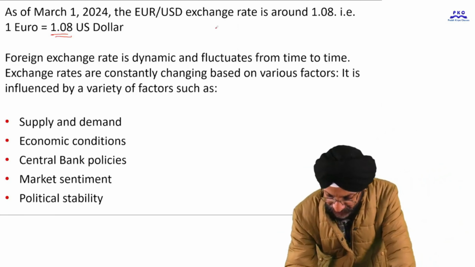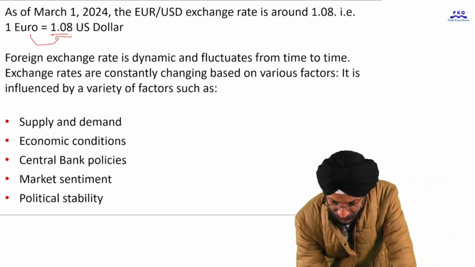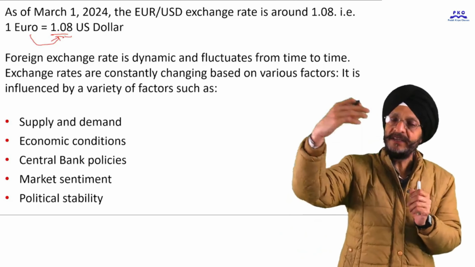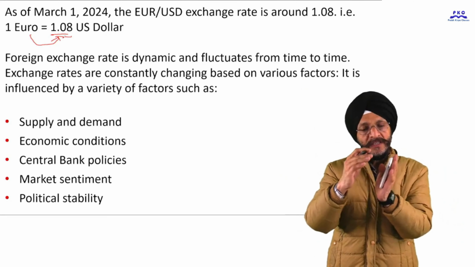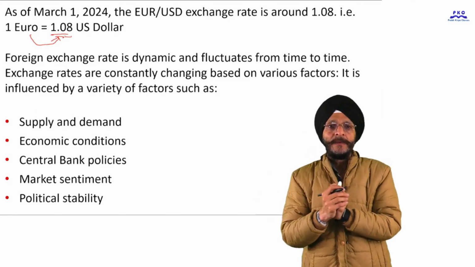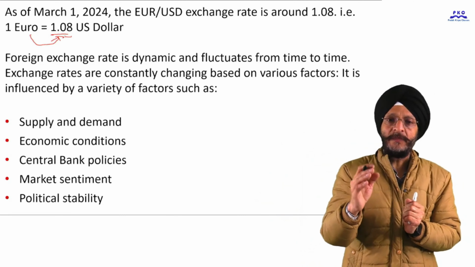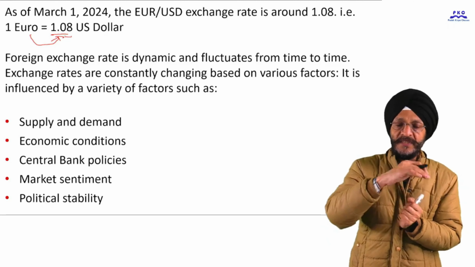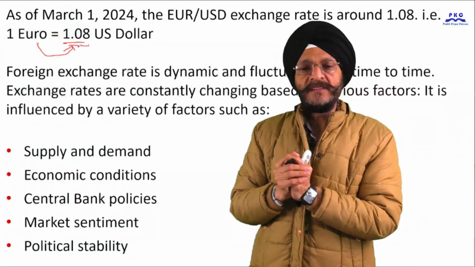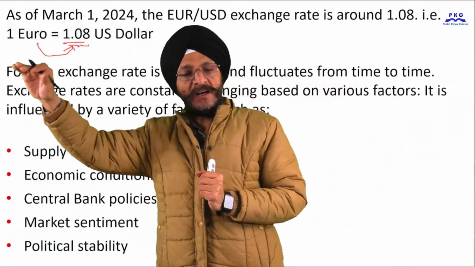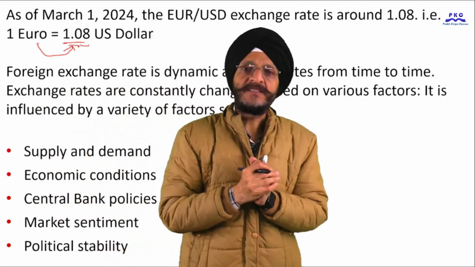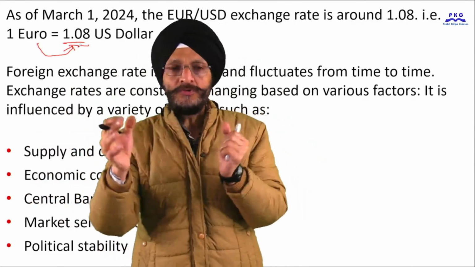It is not that the exchange rates are fixed. That is, if the exchange rate of euro today is 1.08 US dollar, it will not remain as it is in future. It is continuously changing every second, because the foreign exchange market is a decentralized marketplace where the participants are spread across the globe in the form of banks, foreign exchange dealers, central banks, individual traders.